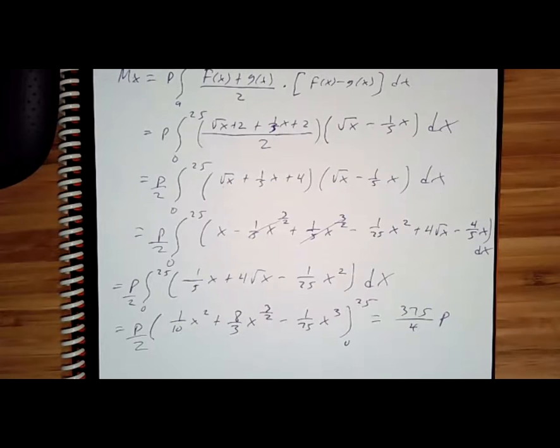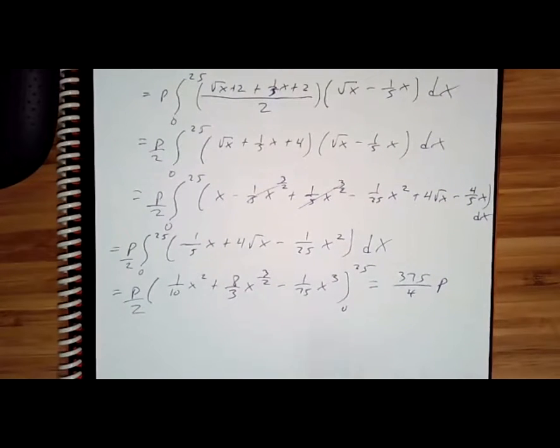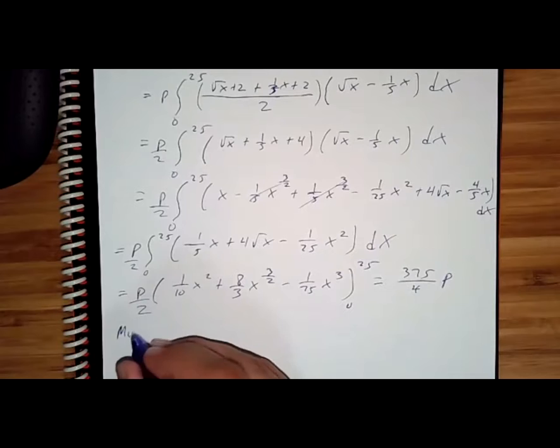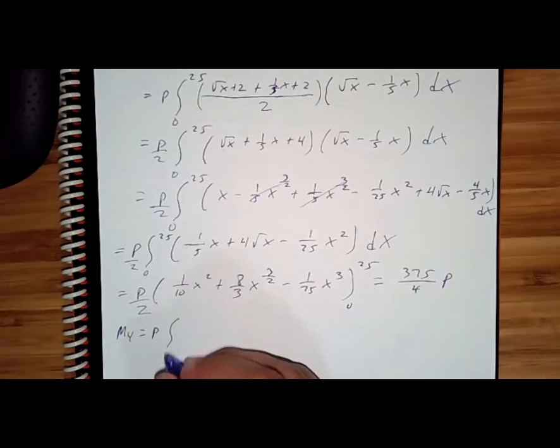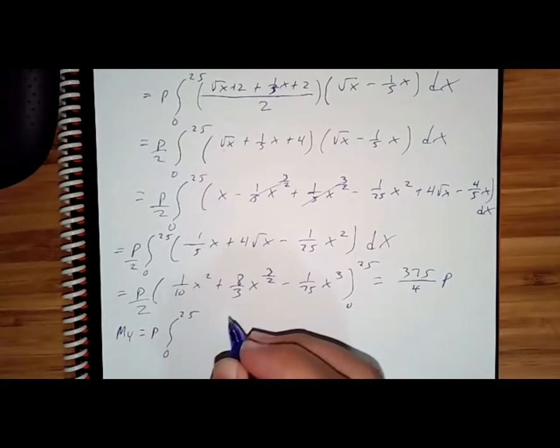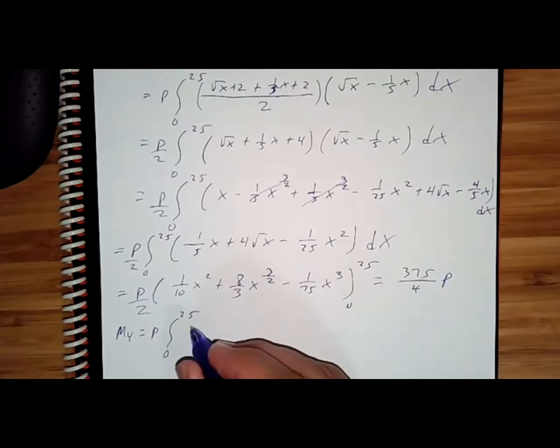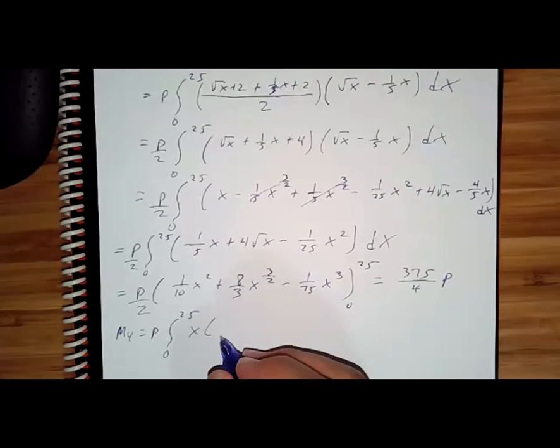Okay. The moment about y is a little easier. So My is equal to p times the integral from 0 to 25 of just f minus g, right? Or x times that, sorry. Actually, let me double check. Yeah, f minus g.